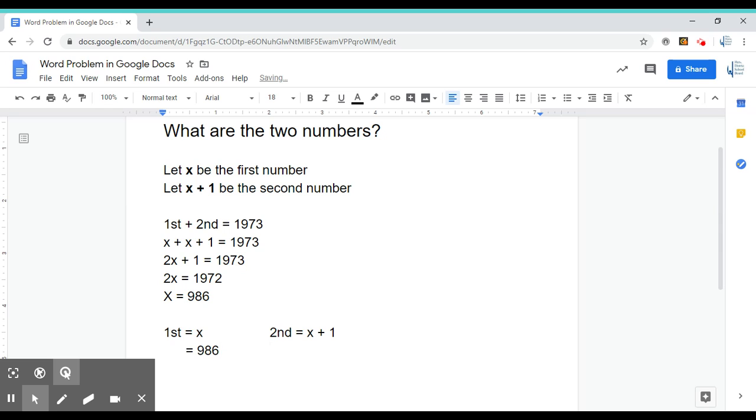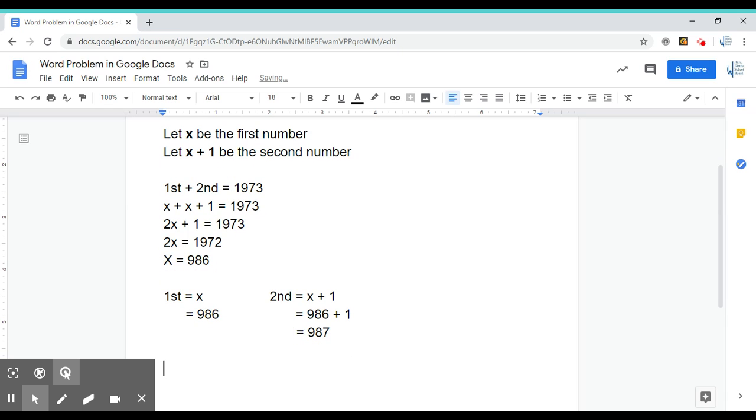And then my second number is 986 plus 1, which is 987. Are those consecutive numbers? Yes, they are.